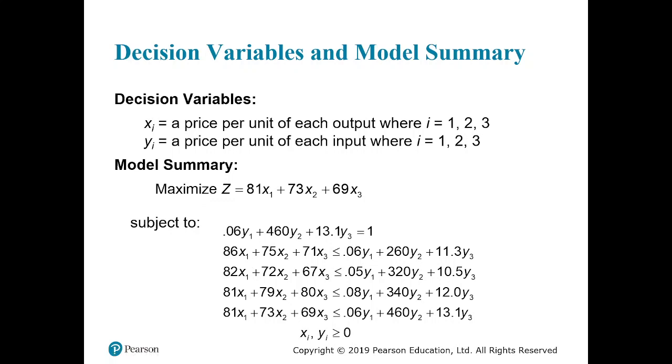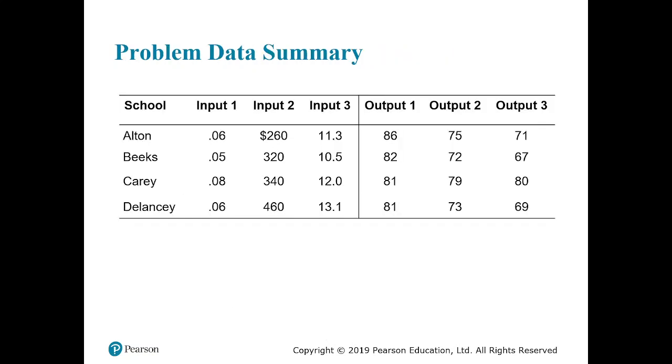So the objective is to maximize the value of, let's say, yeah, if you want to do DEA, you really have to choose which unit you want to focus on. For example, here we are interested in looking at Delancey. So once we choose Delancey, we want to compare Delancey with all the other schools, and we want to see whether Delancey is an efficient school or not.